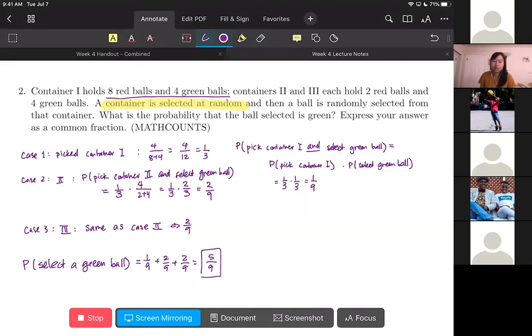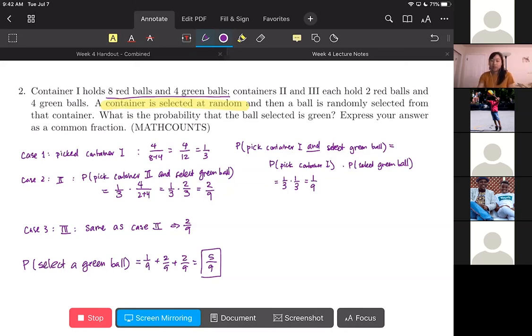There's a couple of rules here that are useful. If we want to calculate the probability that 2 events occur at the same time, this is very similar to our counting multiplication rule. If we want to count the number of ways that 2 events happen at the same time, we multiply. Same for probabilities. If we want to calculate the probability that 2 events happen and they're independent, we can multiply them.